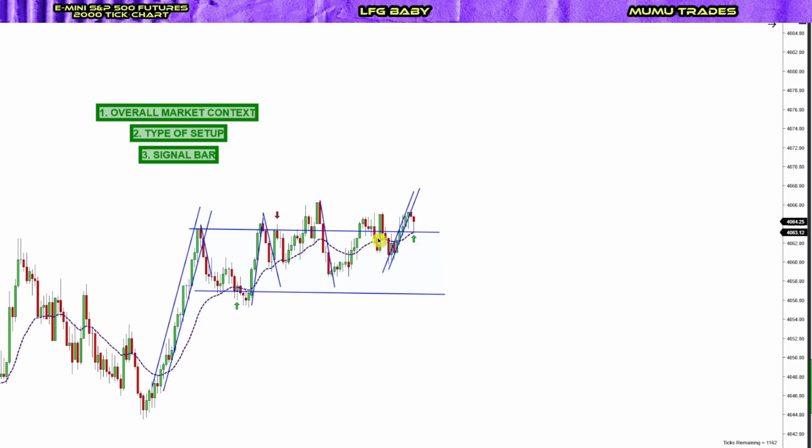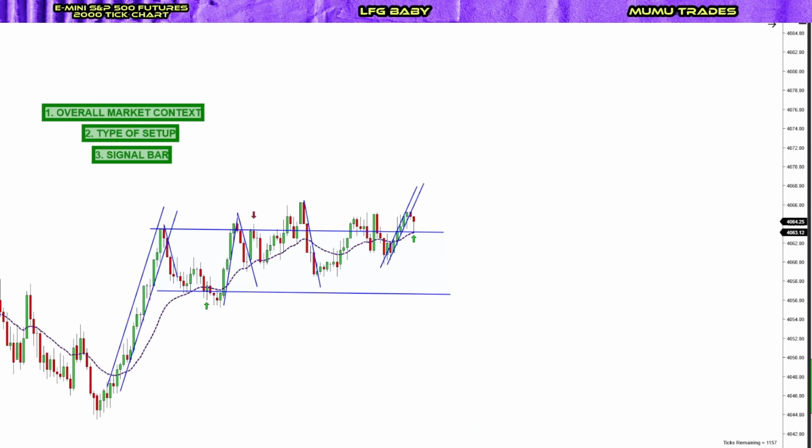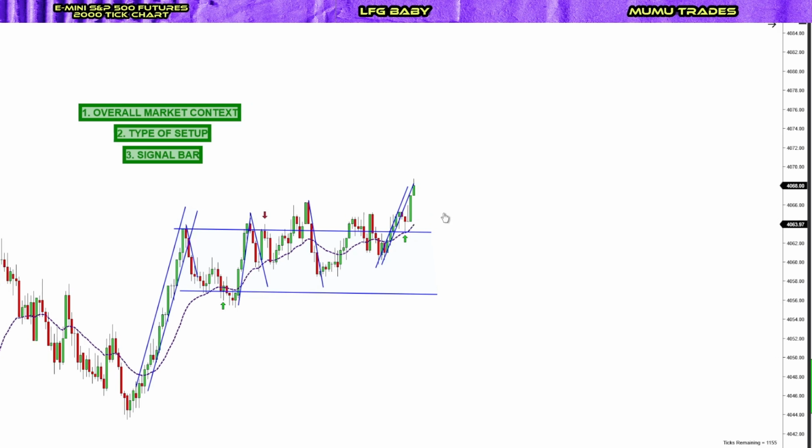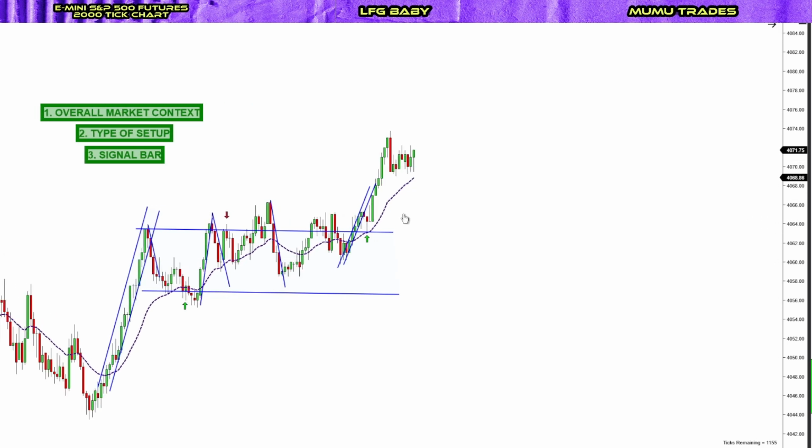So the type of setup is a failed second entry short. And lastly, the signal bar isn't the best, but it really is a bullish bar. Even though it's red, it traded all the way down, bounced off the EMA, and nearly closed on its high. So let's see what happened, and prices ended up rocketing out.